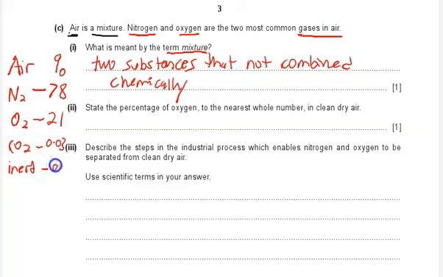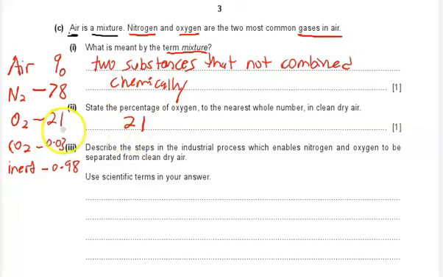Inert gas cumulatively is almost 1%, to be accurate 0.98%. And we also have water vapor, bacteria, dust. This is the air. So the percentage of oxygen is 21.